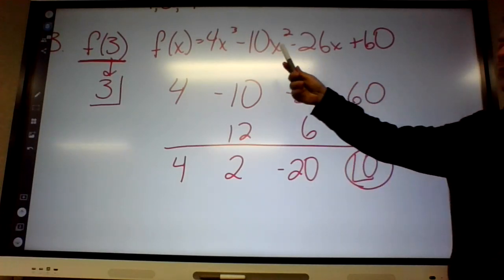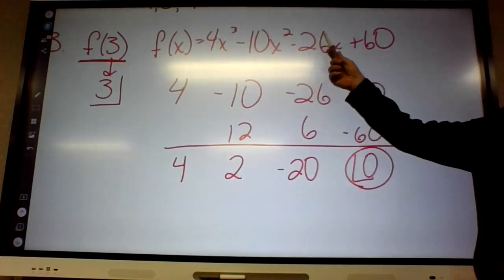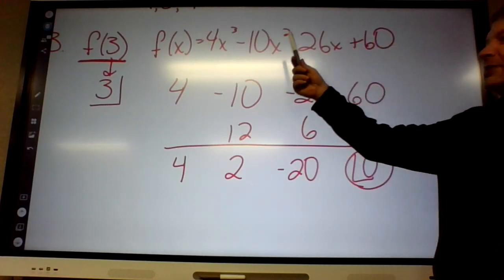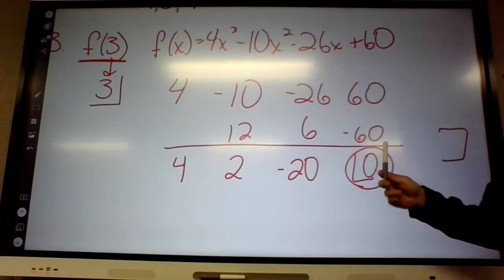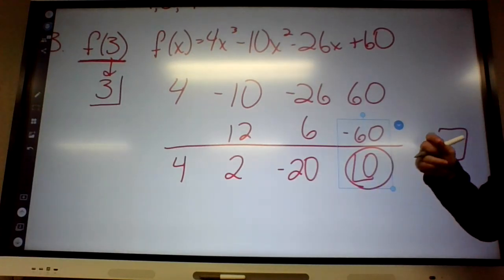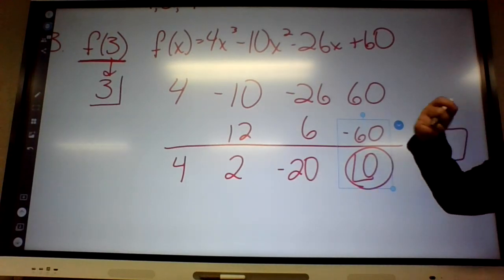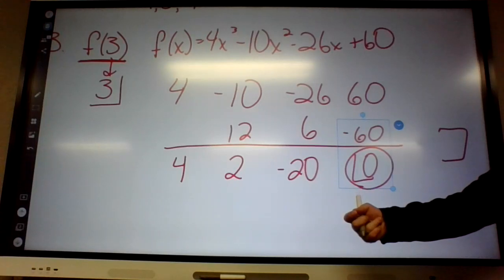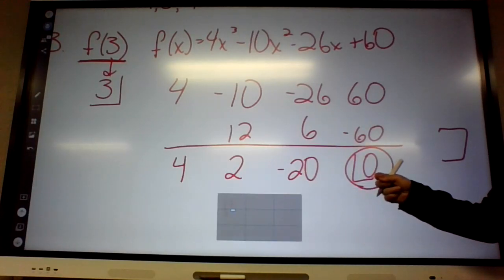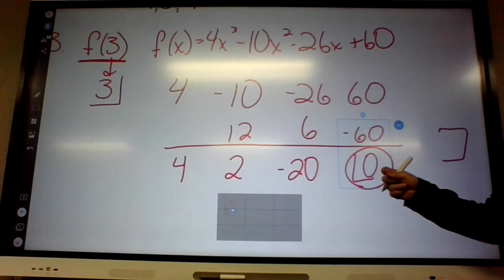If we plugged in 3 normally, we should get this same answer. So synthetic can be used for division, and it can be used to plug a number in and see what you get. So this is no longer the remainder like it was on number 1. It's the answer.